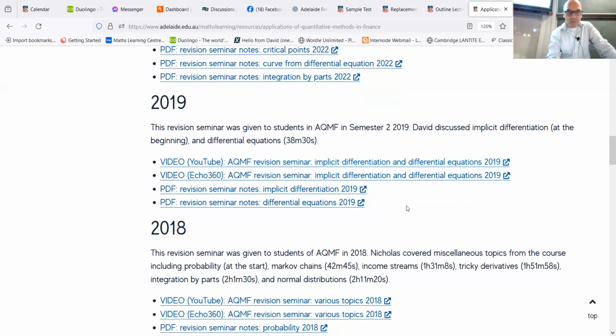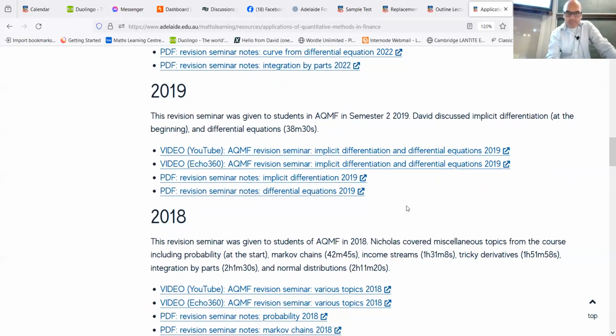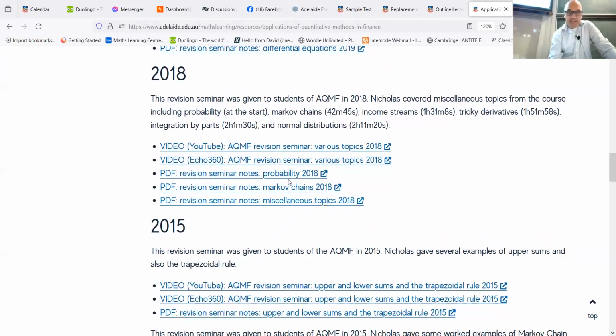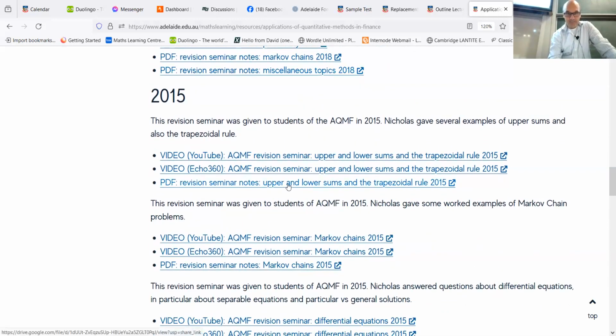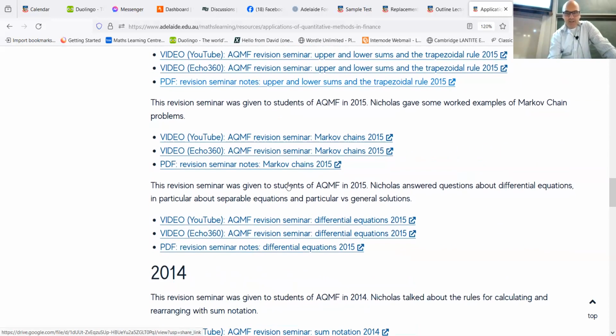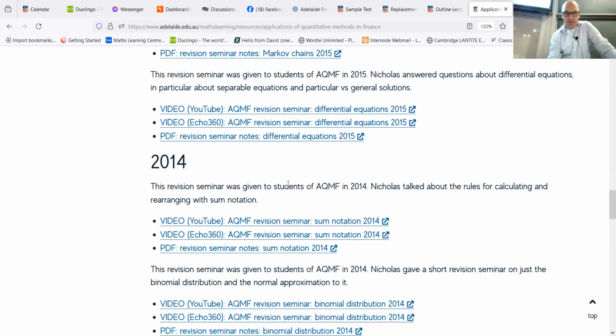A few years before that, we've got implicit differentiation and differential equations. Then we've got some on probability, Markov chains, and miscellaneous topics. I wonder what that is. So you can see we've got seminars going back quite a long way.